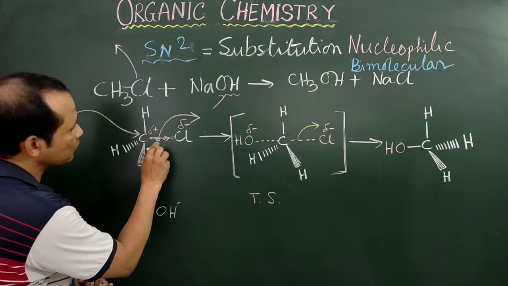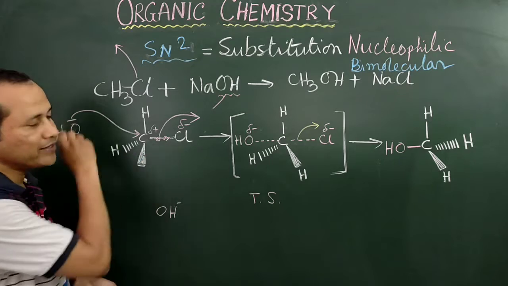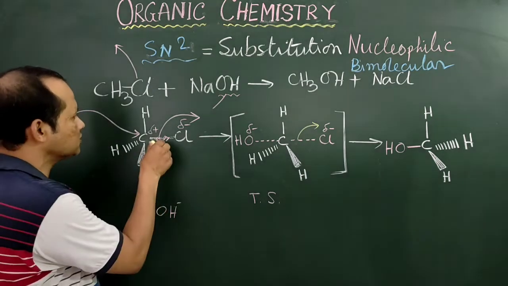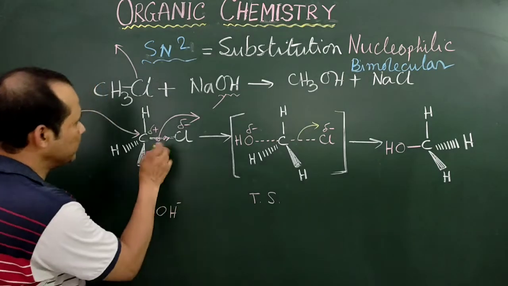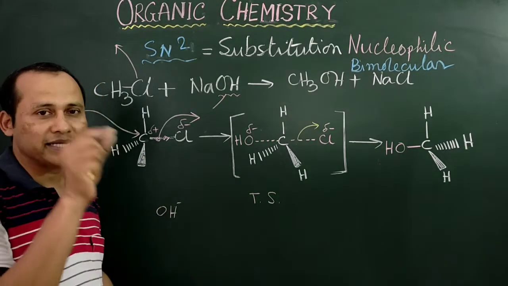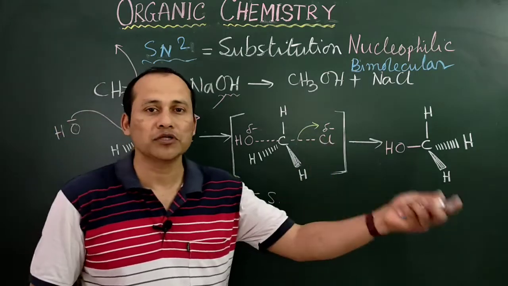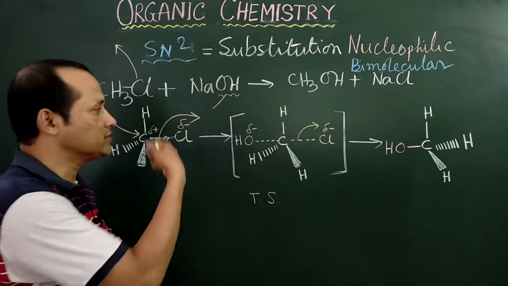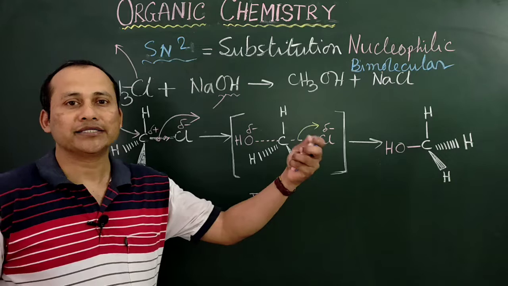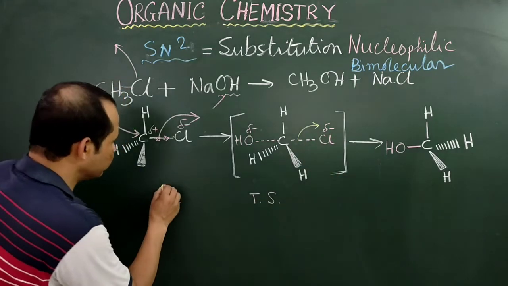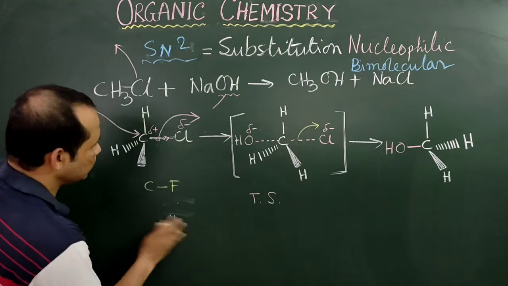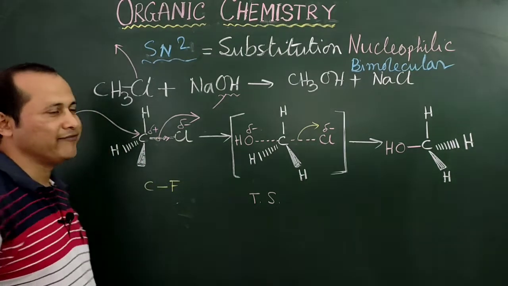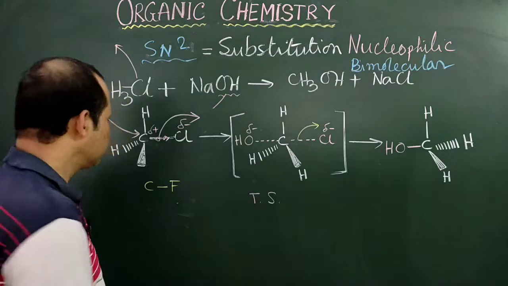Now if we consider this bond, this is very important for this reaction, because this bond is going to be cleaved at the end. So if this bond strength is greater, then the reaction will be slower, and if it is the opposite one, then the reaction will be faster. Now if we consider carbon fluorine bond here, then it will be least effective in cleaving.